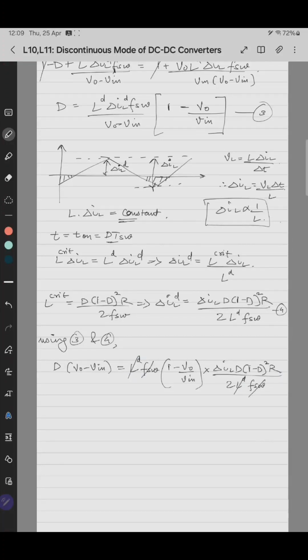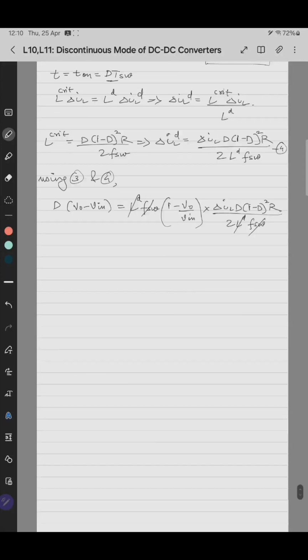These two will be cancelled. So now it will be in terms of delta I_L. So D into (V naught minus V in) is equals to (1 minus V naught by V in) into D into (1 minus D) whole square R by 2 into delta I_L.